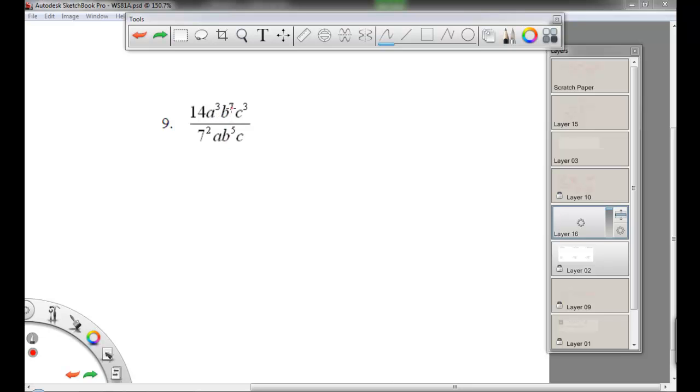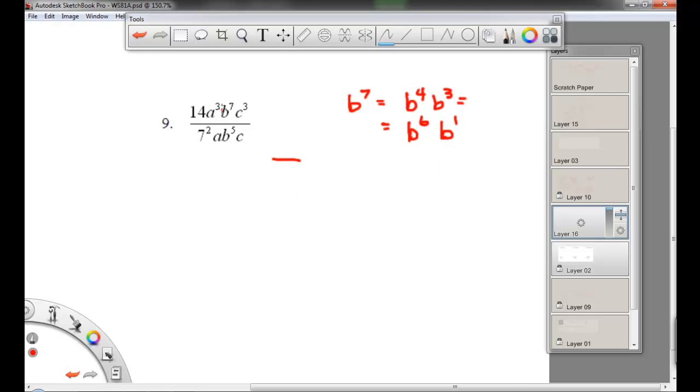Let's take a look at b to the 7th. B to the 7th is also written as b to the 4th times b to the 3rd. It can also be written as b to the 6th, b to the 1st.